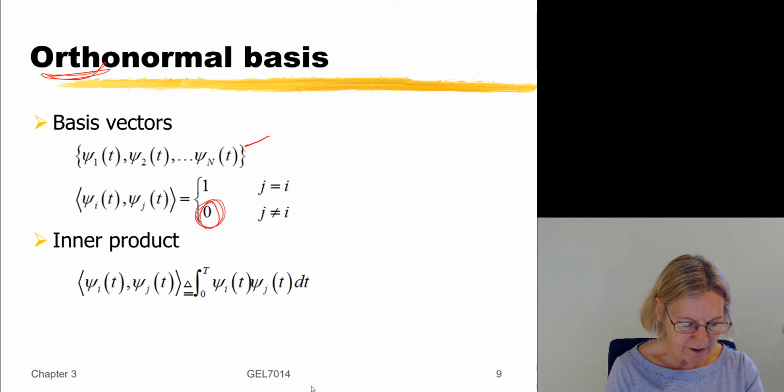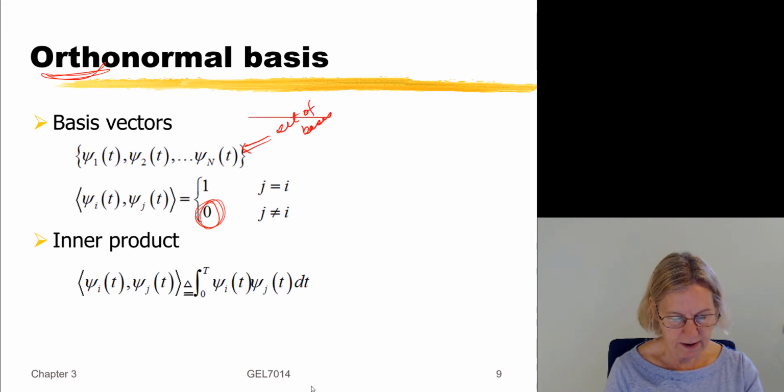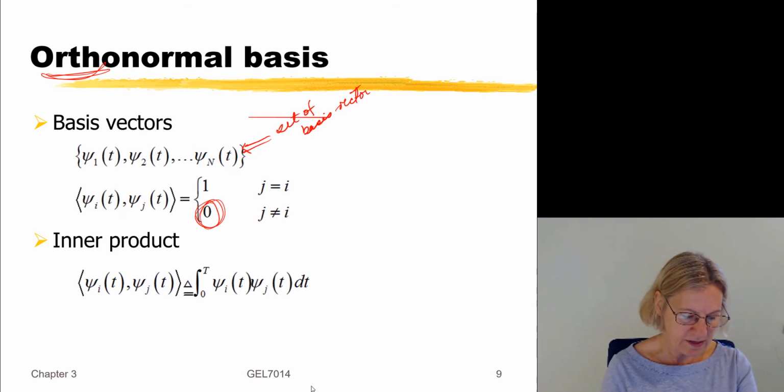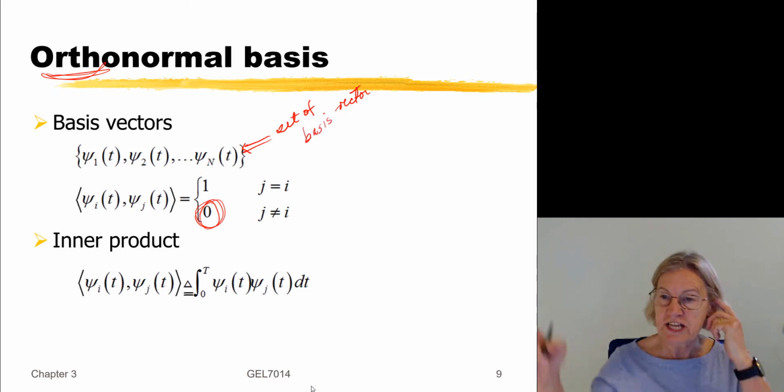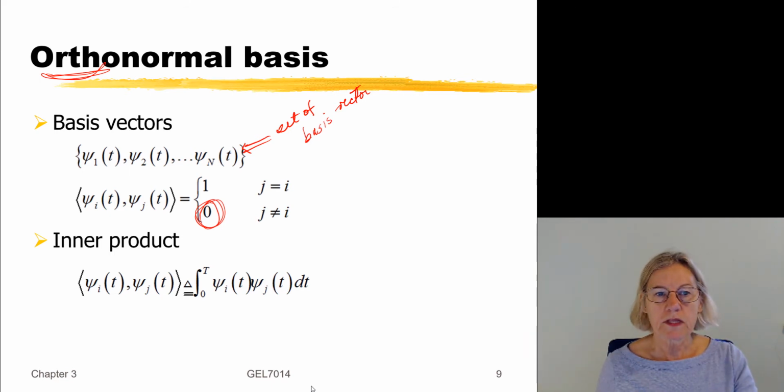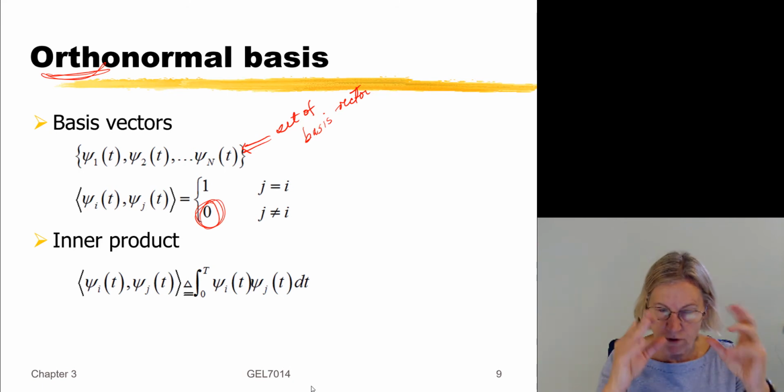This is the set of basis vectors. And remember, what is a basis vector? The collection of basis vectors is a collection that spans the space. So all of these basis vectors together will allow me to reach into any corner of the space that I want. It spans the space. So any collection of vectors that spans the space, so that I could take a linear combination and reach any point in the space, they form basis vectors.